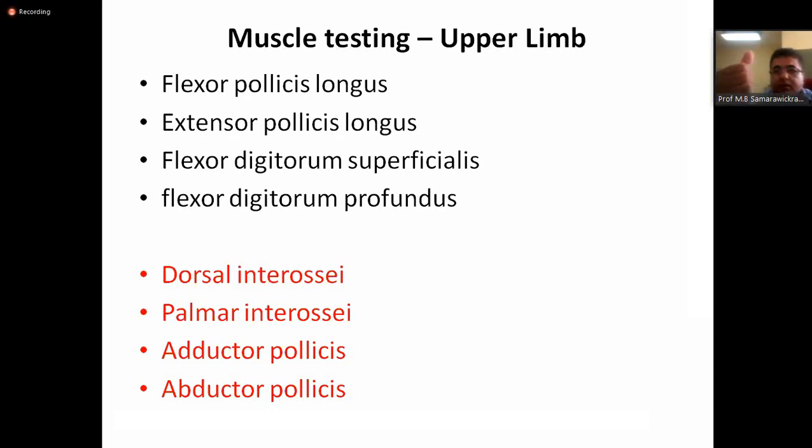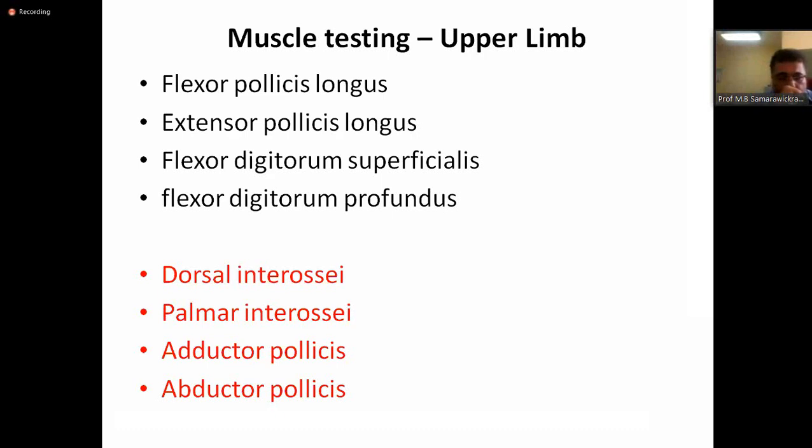Extensor pollicis longus extends the distal phalanx of the thumb. Flexor digitorum superficialis flexes the proximal interphalangeal joint of the fingers. The flexor digitorum profundus you can test by asking the patient to flex the distal interphalangeal joint of the fingers.